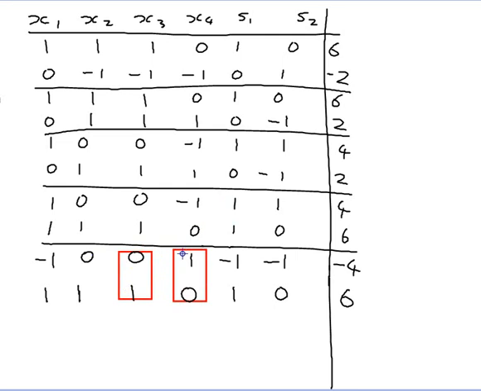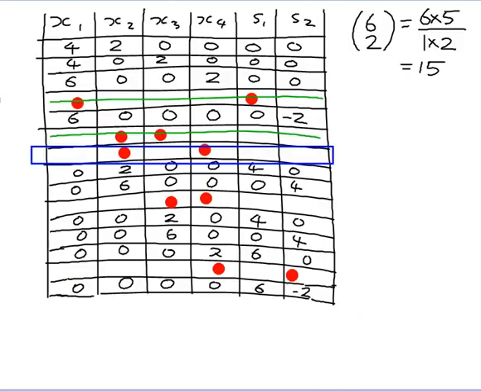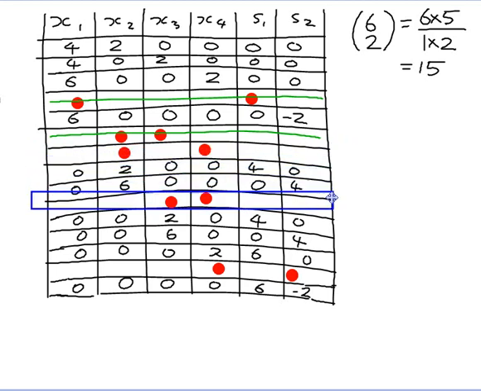So I can read off here that x4 is minus 4 and x3 is 6. We didn't do x2 and x4, instead we did x3 and x4. x4 was minus 4. And x3 was 6.